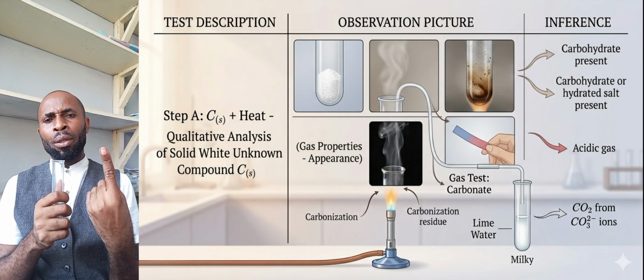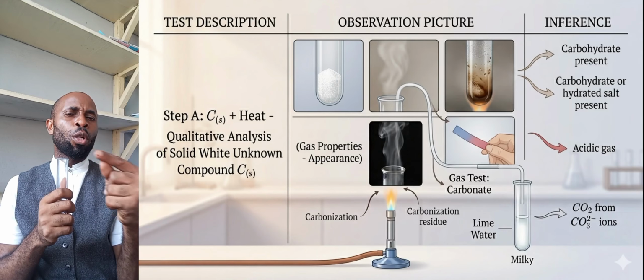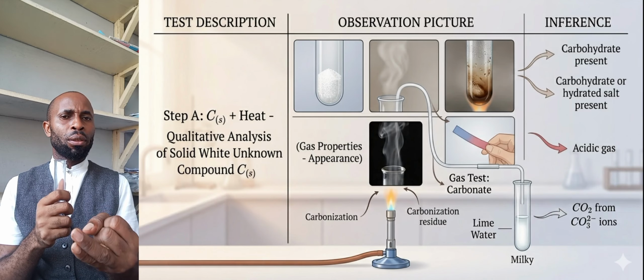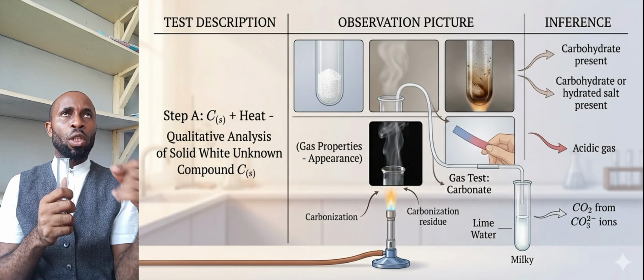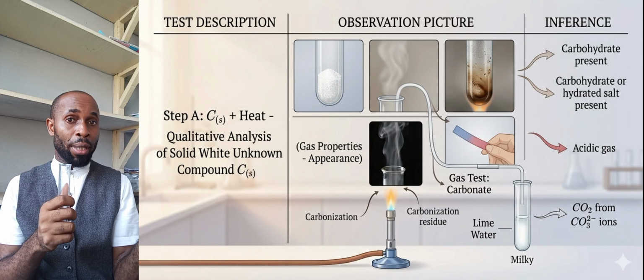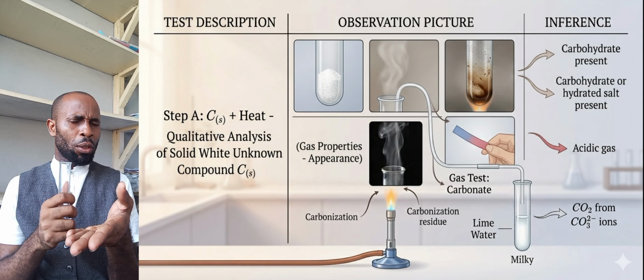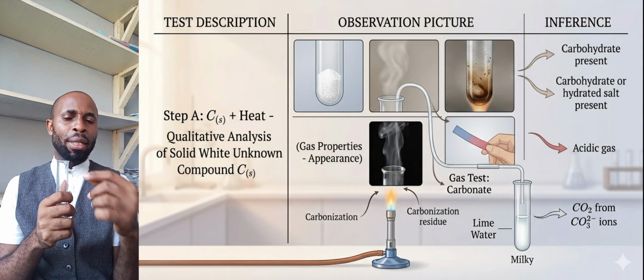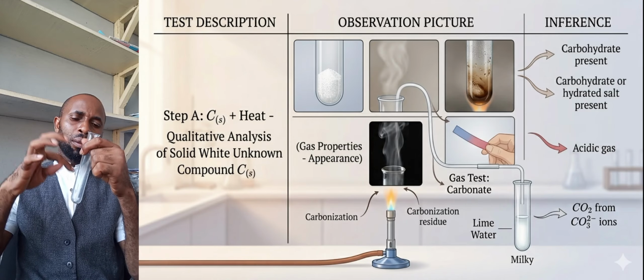The gas that is coming out that turns the blue litmus paper red is colorless and odorless, so we need to record that. The inference is that it is an acidic gas because it turns litmus paper red. Water is not the one that is turning it red.